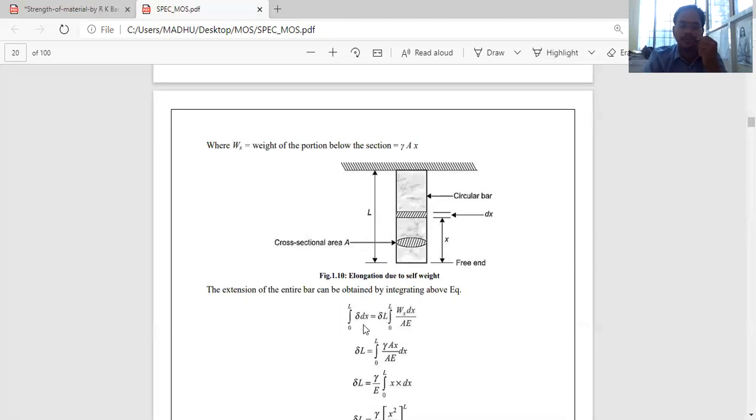So 0 to L, it is delta L. So delta L is equal to integral 0 to L of Wx dx by A.